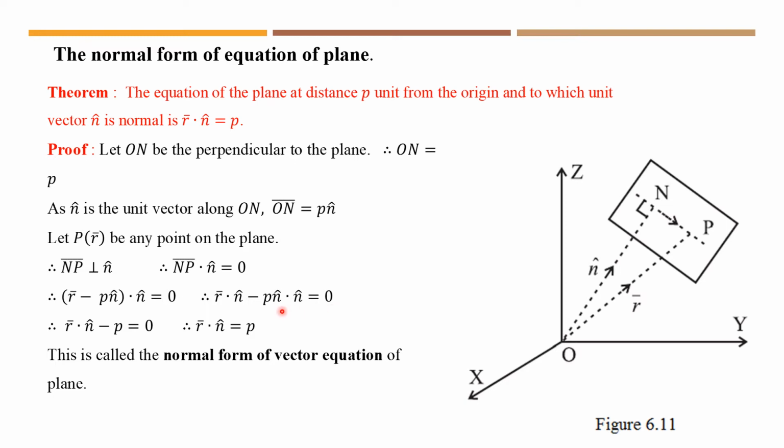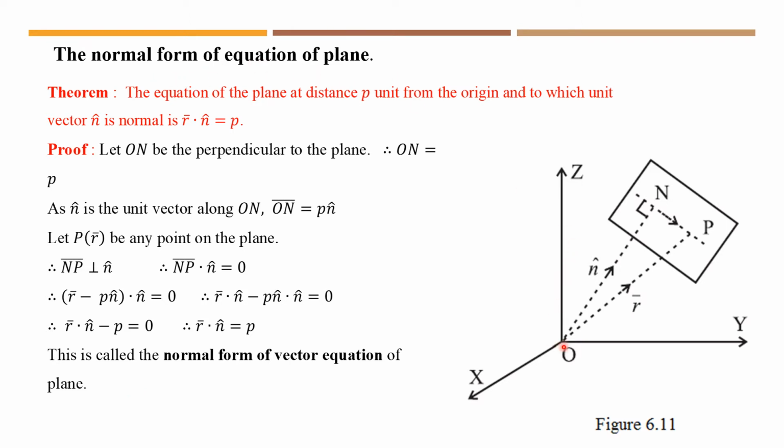Here n cap dot n cap is 1. Hence r vector dot n cap minus p equal to 0. Taking minus p to the RHS, r vector dot n cap equal to p. This is called the normal form of vector equation of the plane.